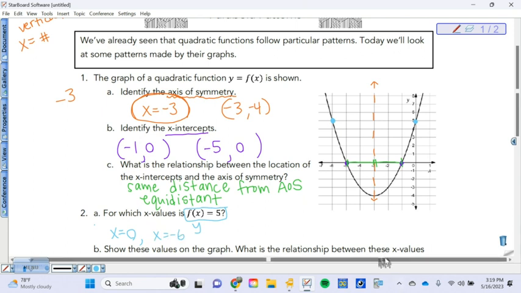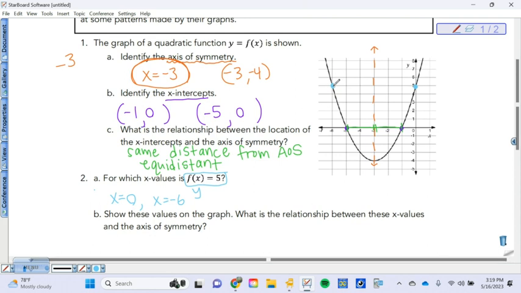And again, what do you notice about those relationships? Those points are equidistant, again, from the axis of symmetry. Good. Okay.